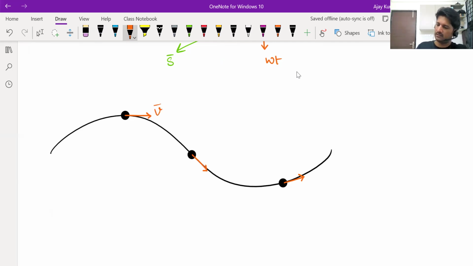And velocity, by definition, is small displacement by small time. So whatever is the direction of velocity, same will be the direction of small displacements. So remember, when an object moves along a path, straight path or curved path, small displacements are always tangential to the path followed by the object.